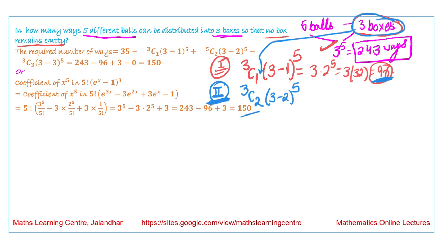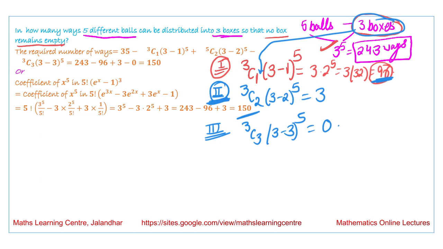Now 2 are empty. So the answer we obtain in this case is equal to 3. The third case is when all three are empty. So we are saying 3C3, and we have 3 minus 3 raised to the power 5. So the answer we obtain is 0.